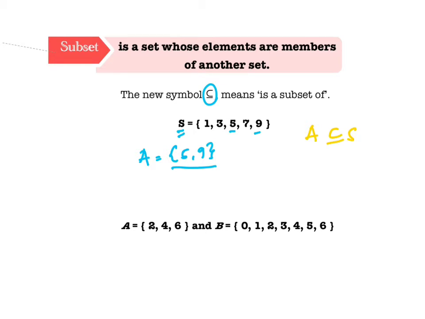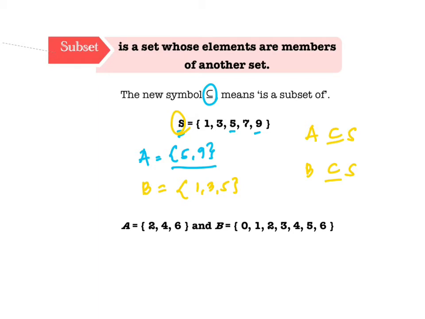So any set whose elements are all in set S is a subset of set S. Okay? We can make another set, set B. Set B has the elements 1, 3, and 5. Therefore, set B is also a subset of set S. Okay, let's proceed to the next example.